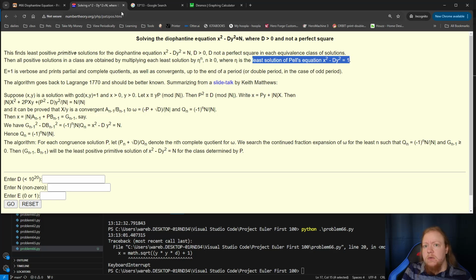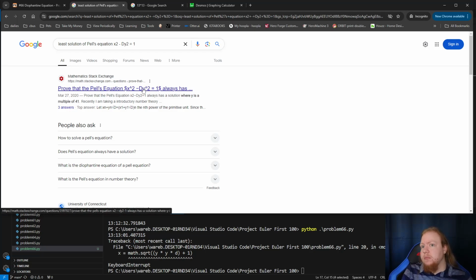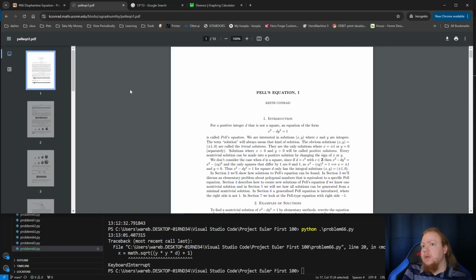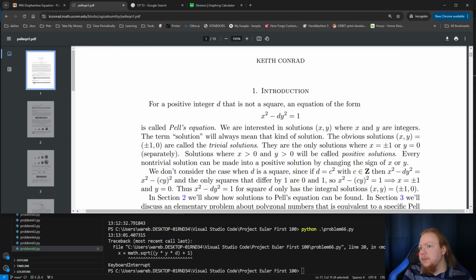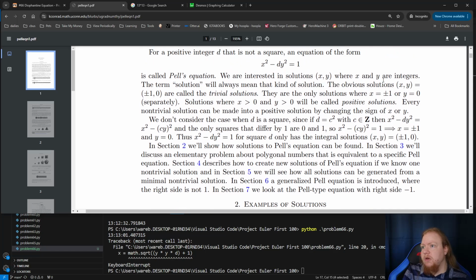Let's go Google this. We are interested in solutions where x and y are integers. The obvious solutions where one of them is 0 are trivial.